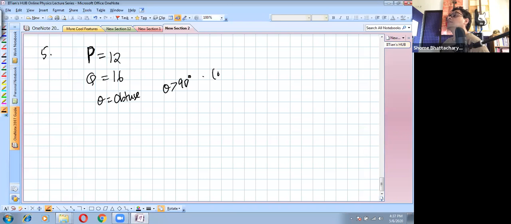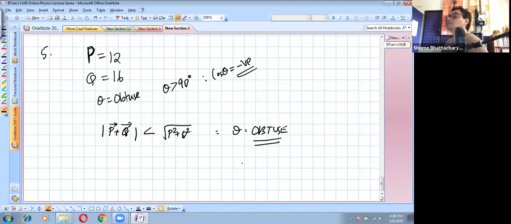That means cos theta is a negative quantity. Remember what we discussed earlier today, that mod of P plus Q, what can we say about its resultant when we know the angle is obtuse? It definitely has to be less than root of P square plus Q square. This is the condition for theta being obtuse.